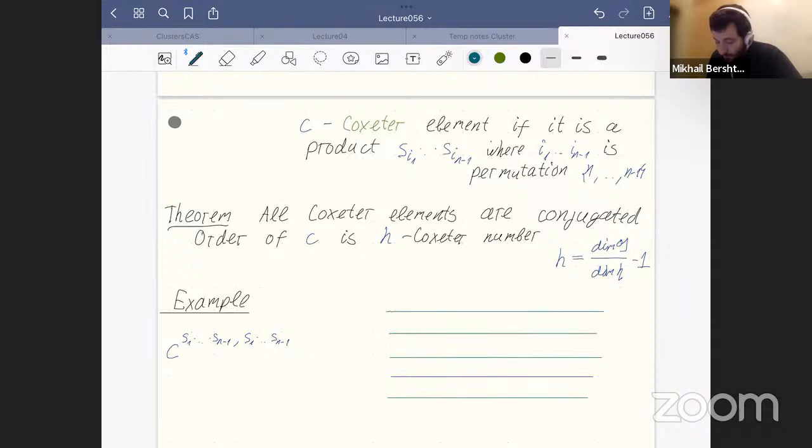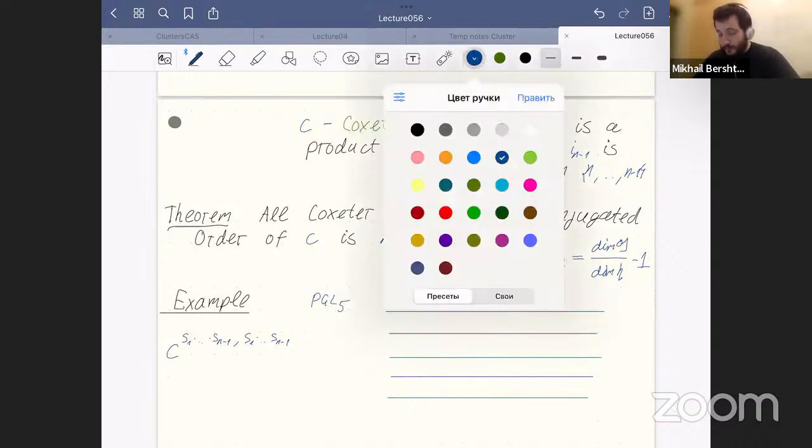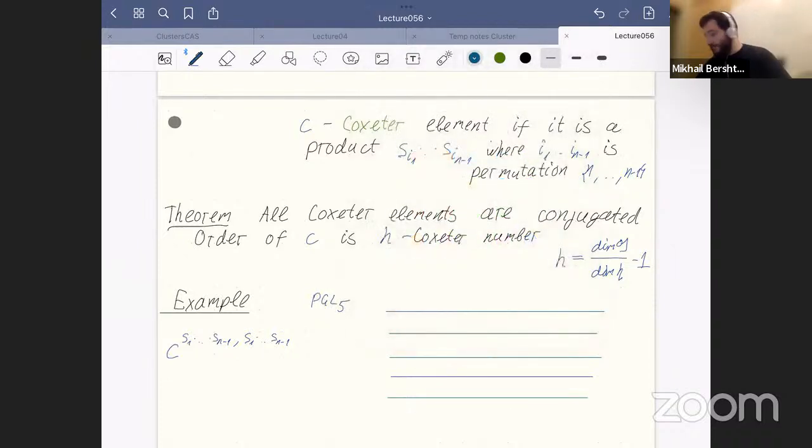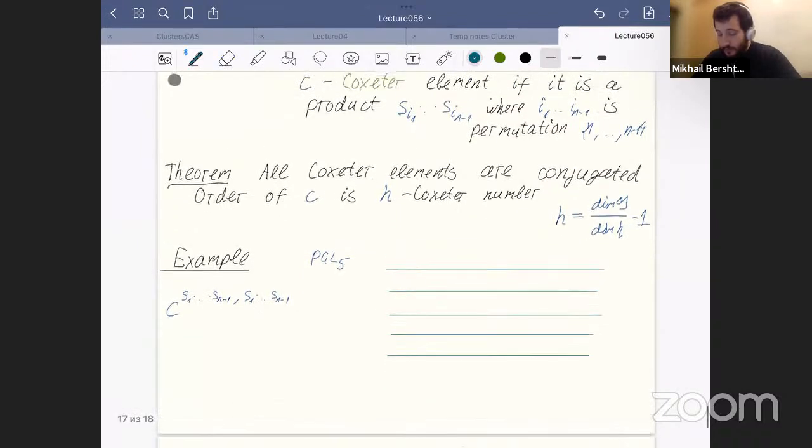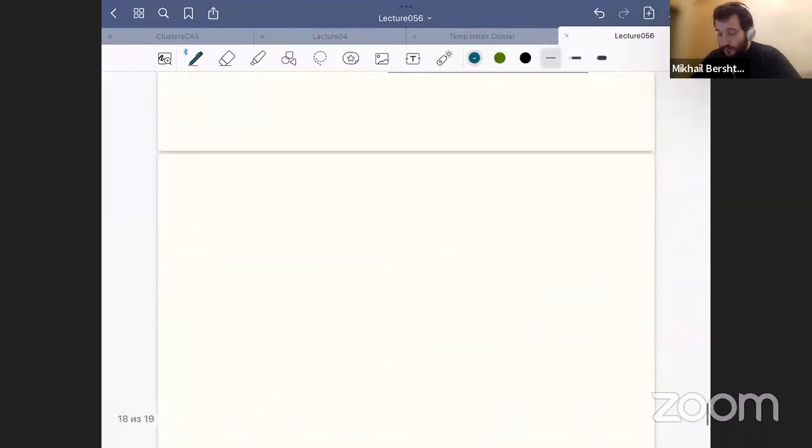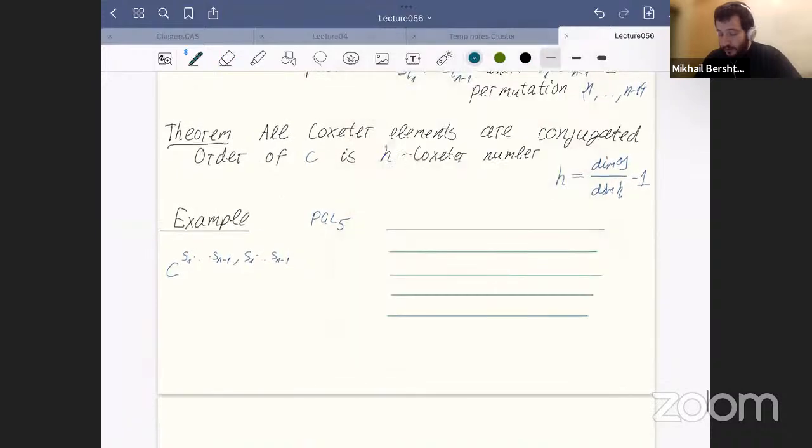Okay, I draw 5 lines. So actually this picture is for SL5, just for concreteness. Of course, I took this element. I have to also specify what kind of reduced decomposition I take.